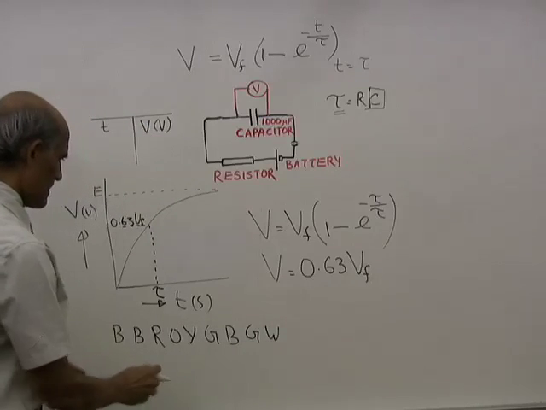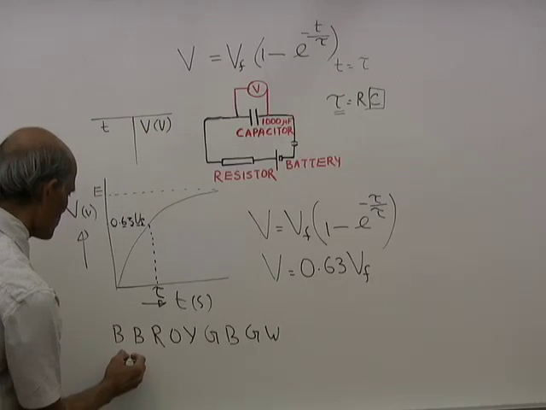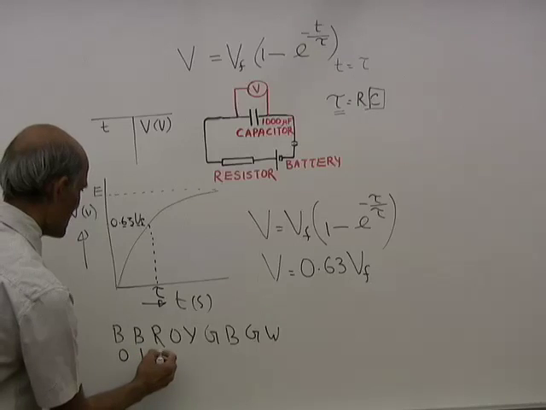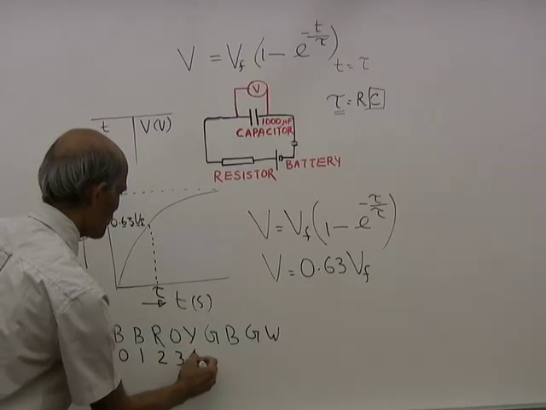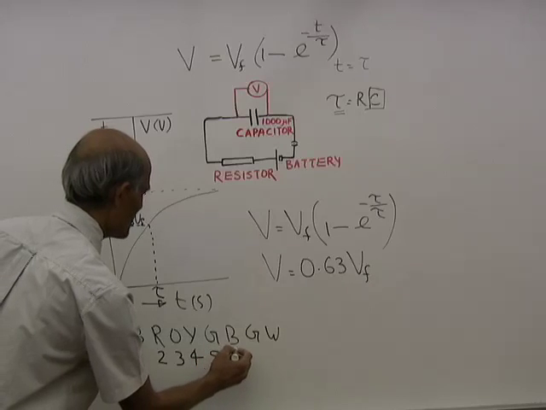Is that right? Let me see. Black is 0, brown is 1, red is 2, orange is 3, yellow is 4, green is 5.